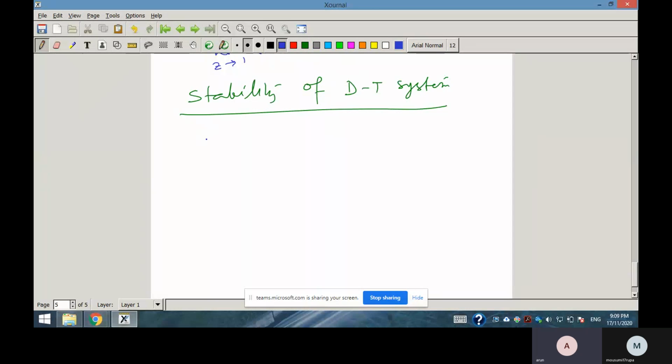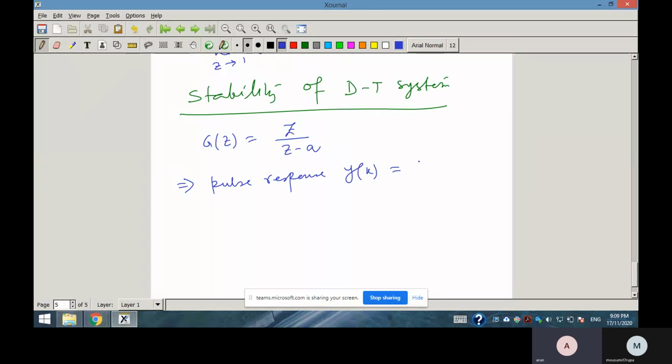Suppose I consider G(z) equal to z by z minus a. Now what is the output, the impulse response, or pulse response, yk?